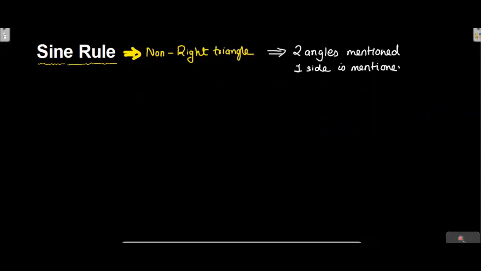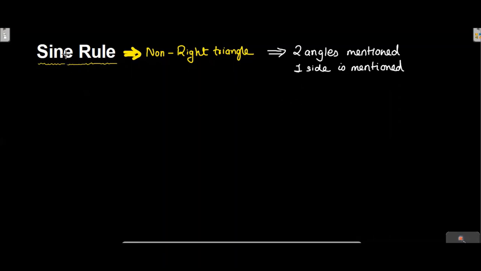When this information is given, only then you use the sine rule, because there is another cosine rule which we use for other non-right angle triangles, which I will discuss in another video.